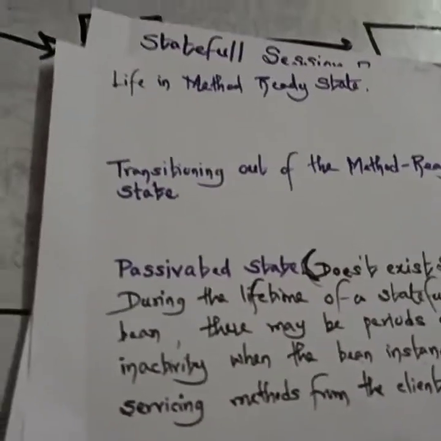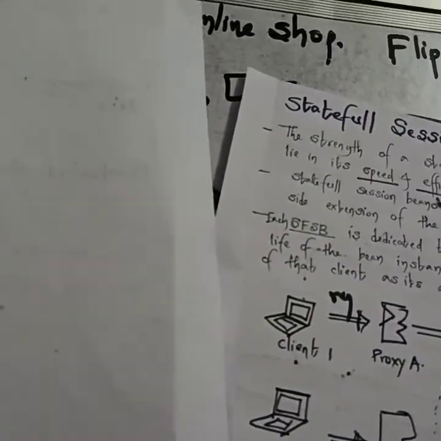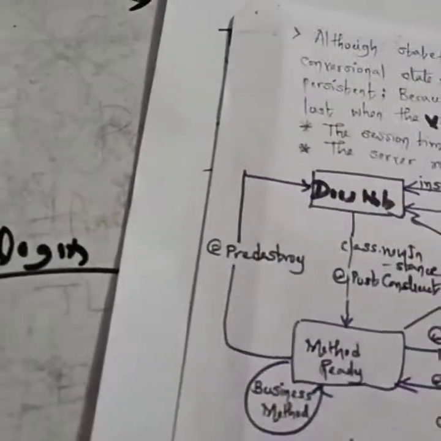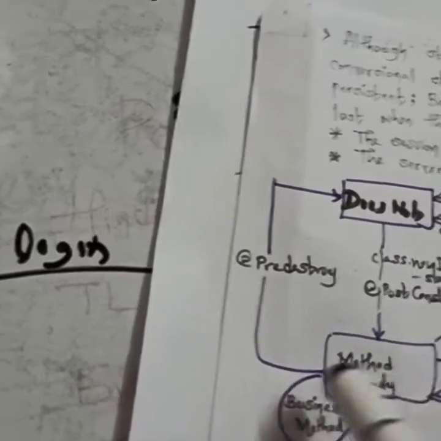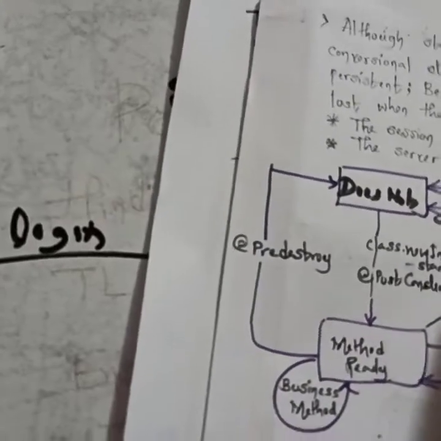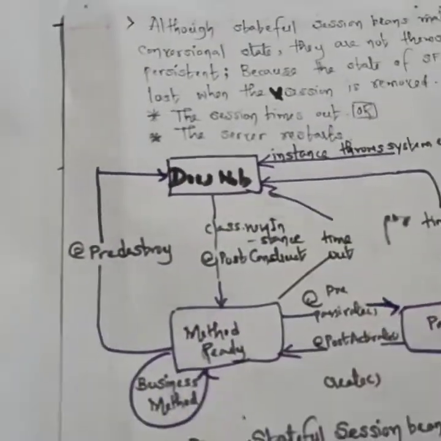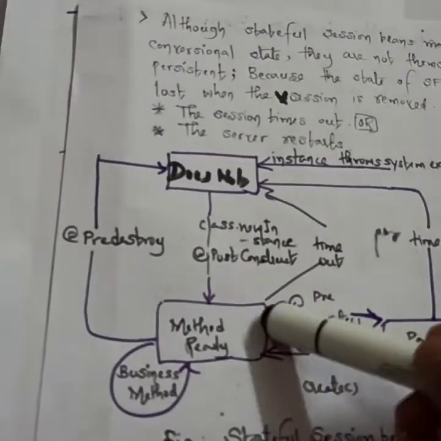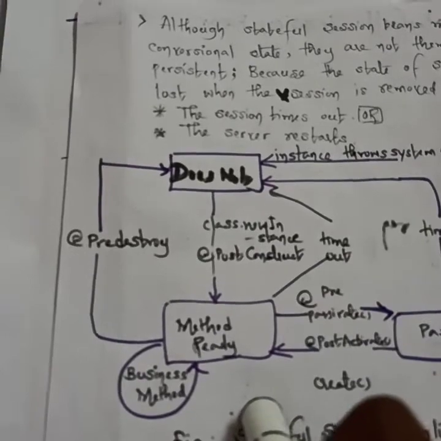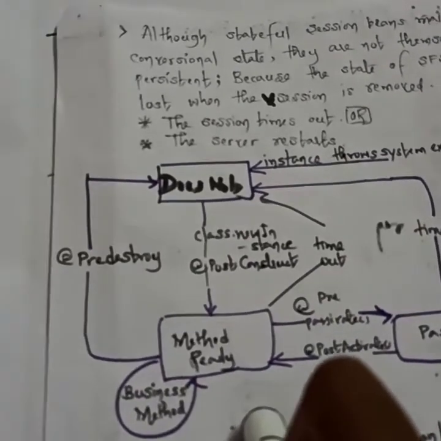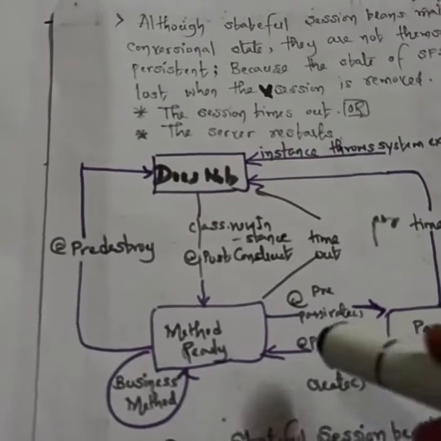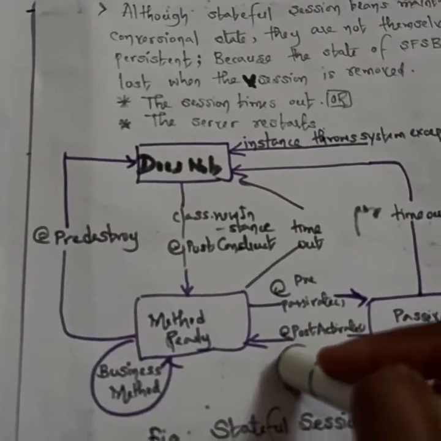Transitioning out of a method ready state happens when there is a timeout, when there are no invocations on the stateful session bean. In that case, the container considers it as sitting idle for a longer duration, so it will be removed from memory by the garbage collection concept.